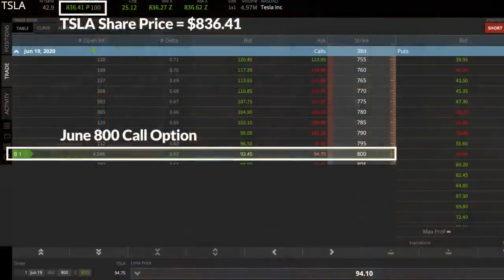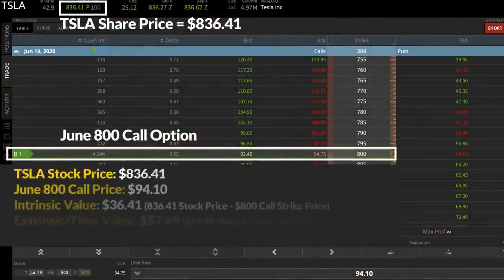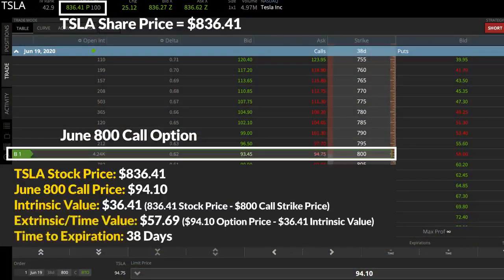In the case of this Tesla call option, there are over 30 days left until that option expires. But right now, in this moment, it has $36.41 of intrinsic value. Since the option's price is currently $94.10, the additional $57.69 in the option's price is extrinsic or time value.